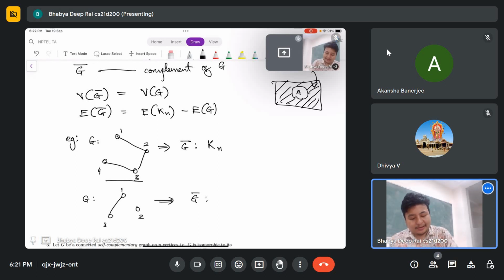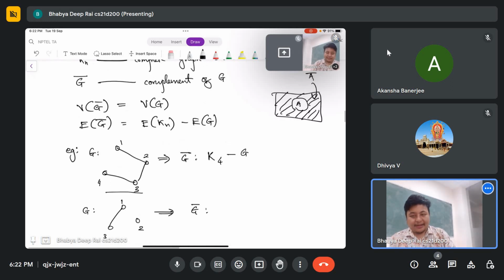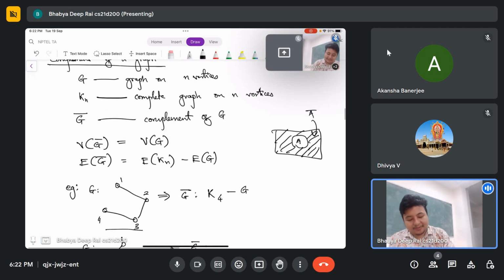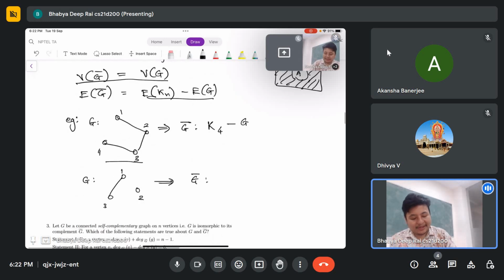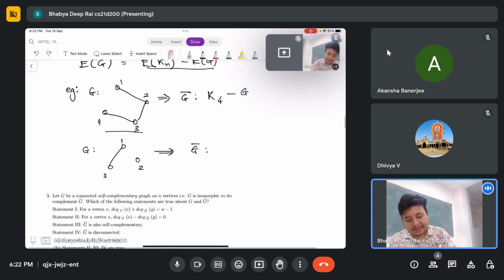Kn, how many edges are there? 4. How many vertices are there? 4. Complete graph on 4 vertices minus my G. It's like universe minus A. But the main thing is, in a complement, the vertex set remains the same. I'm not deleting vertices, I'm just deleting edges. What do I mean by that?